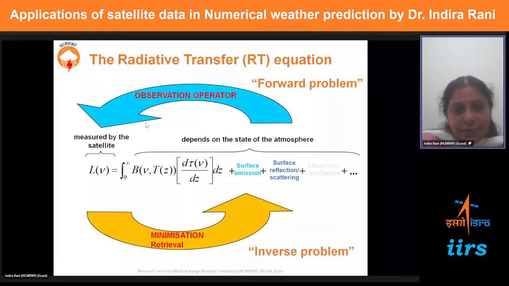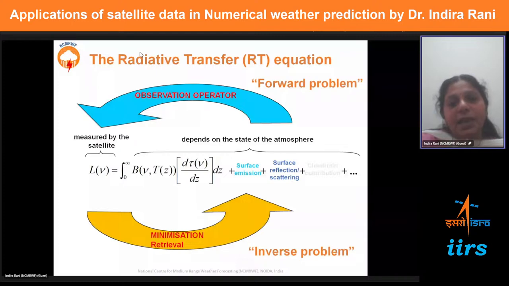So in the case of satellite radiances, the radiative transfer model acts as an observation operator, and it is a forward problem. After you simulate and do the quality control of all the observations, we have a set of observations that we can assimilate.